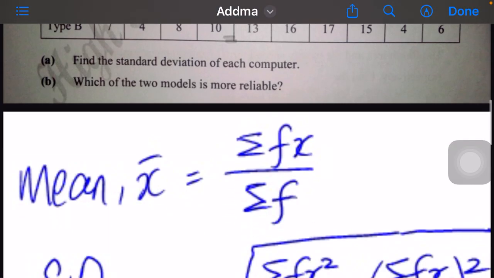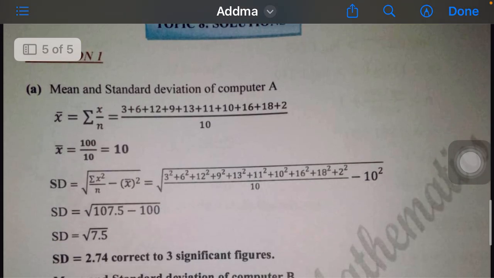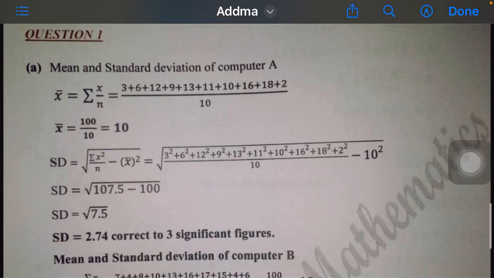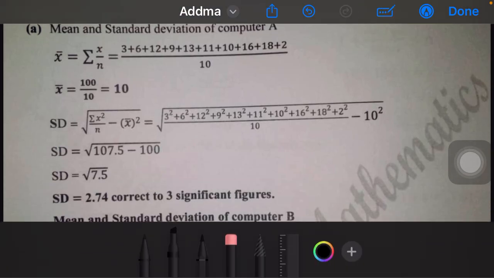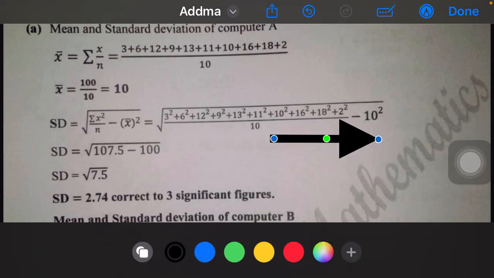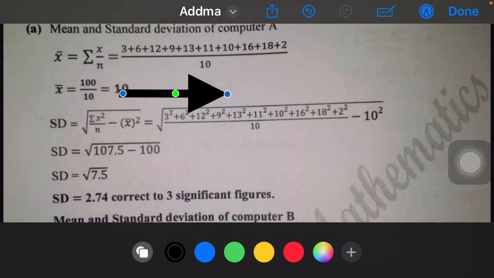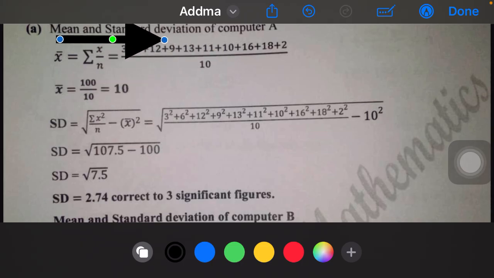Let's go to the solving part. Firstly, we're going to find the mean and the standard deviation for computer A. I've showed you the formula for finding the mean.